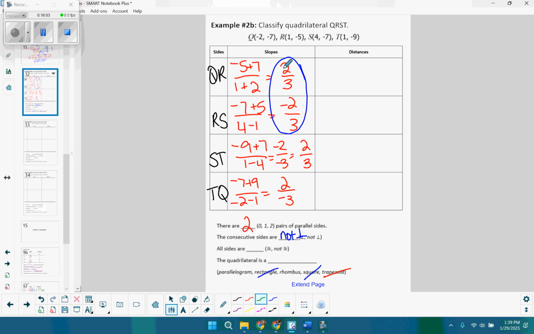My distances. I'm using a 2 and a 3 here. So 2 squared is 4, plus 3 squared is 9, 4 plus 9 is 13. We're going to use the -2 and the 3 for the next one. So that's 4 plus 9, that's square root of 13. We're going to use the -2 and the -3.